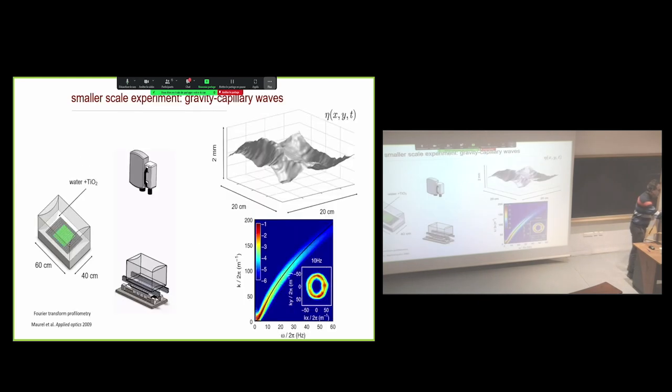We shake a small tank, and we do also a space and time resolved measurement with a different technique, so that we get the surface resolved in time and space. And in that case, when we shake very smoothly, so the steepness here is 2%, we get a very nice gravity-capillary dispersion relation, again isotropic.